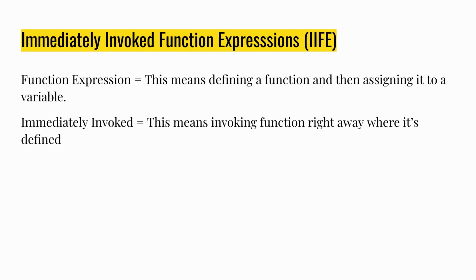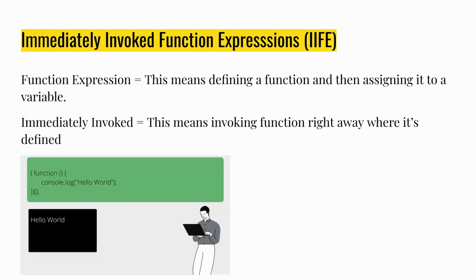So let's see some examples. If you see here, I have a function followed by the curly braces, followed by the brackets, and then the console.log. But see here, I've started writing that function with these brackets and then followed by these two brackets.